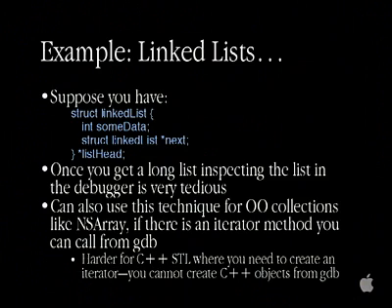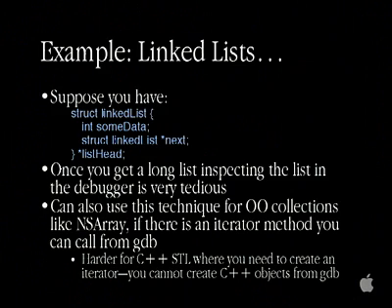Paging through those is just a royal pain in the neck. So suppose you have something like this: a structure, a linked list with some data, and it always has a pointer to next. There are 2,000 of these, and you want to print them out. Even in a GUI debugger, this is a real pain because, even if you have a Cinema Display, you end up tabbing so far over when you print them out, and then you're scrolling back and forth. So there's got to be a better way to print them out than that.